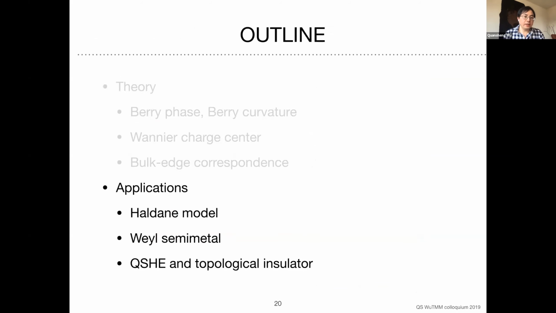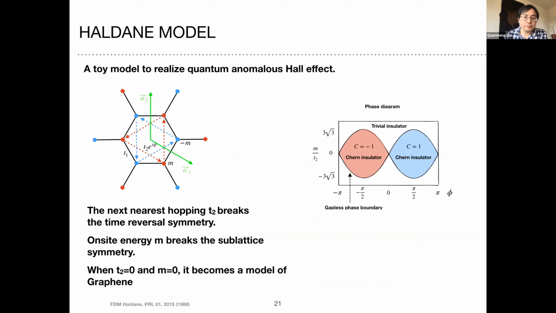Let's go to some applications. The first one is the Haldane model. This is a toy model to realize the quantum anomalous Hall effect. For the quantum Hall effect, we need the magnetic field, and Haldane introduced another mechanism that doesn't depend on the magnetic field.